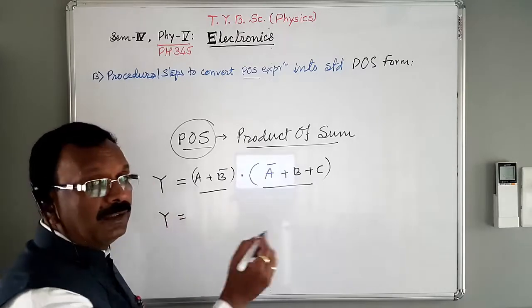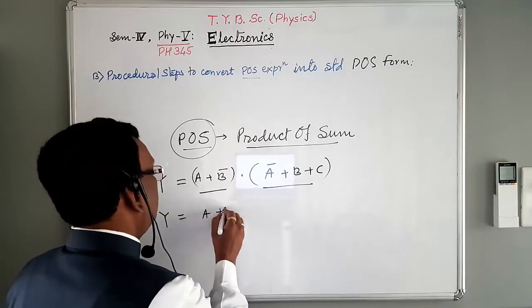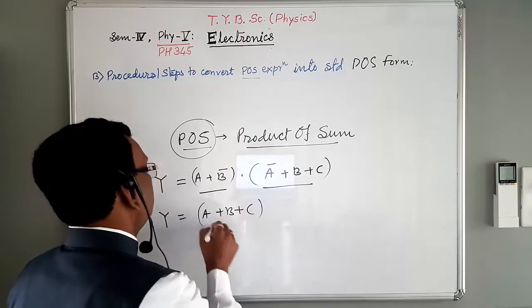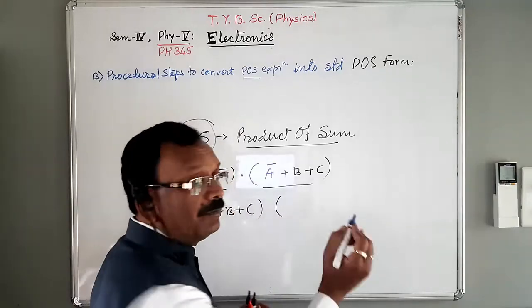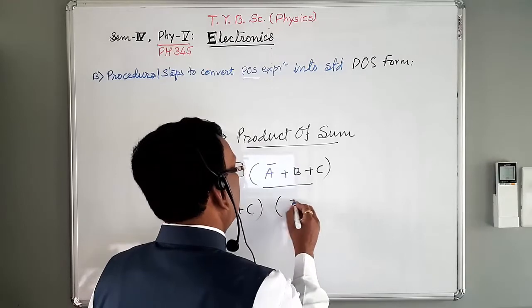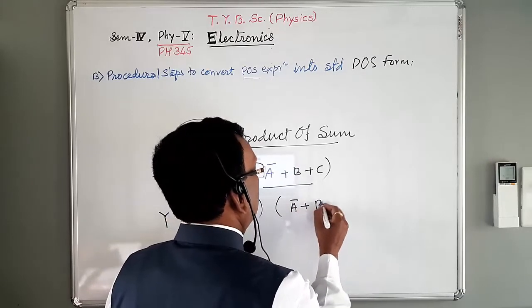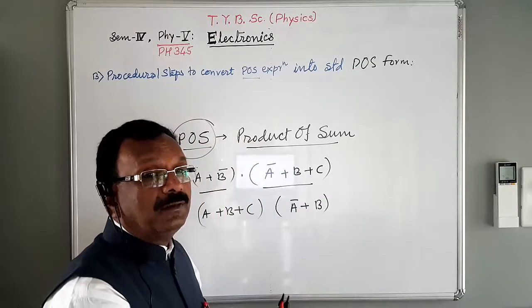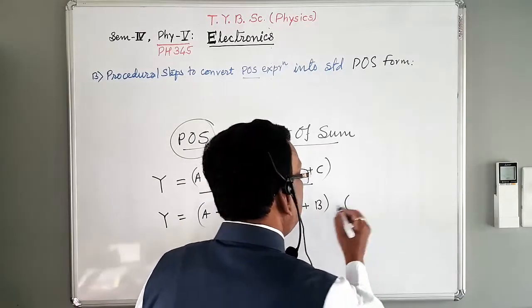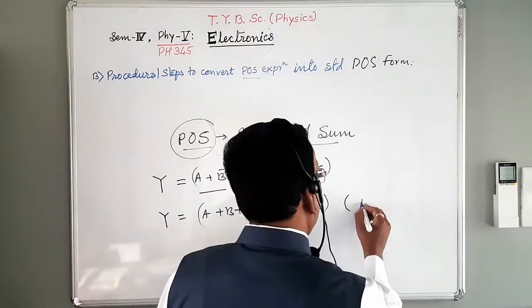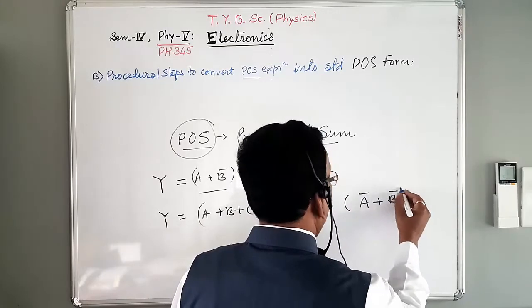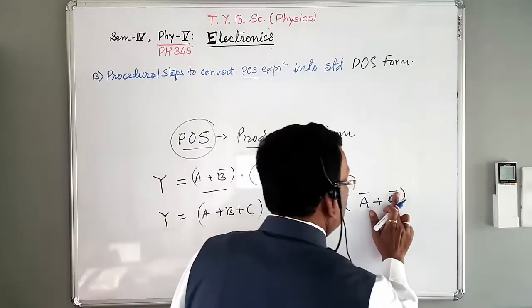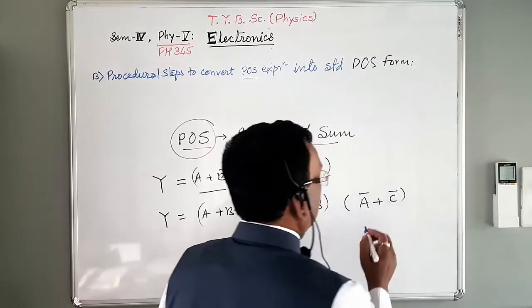Y is equal to A plus B plus C. This is the sum term, the sum of three inputs. Then another term, suppose A bar plus B, or consider another term, A bar plus C bar, or instead of this we can take any.